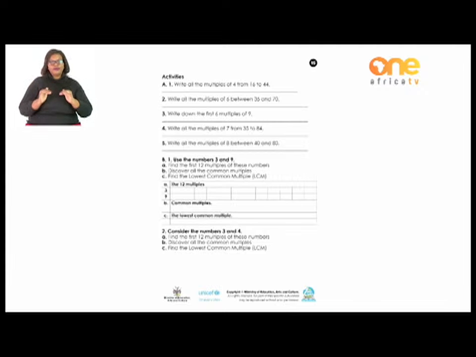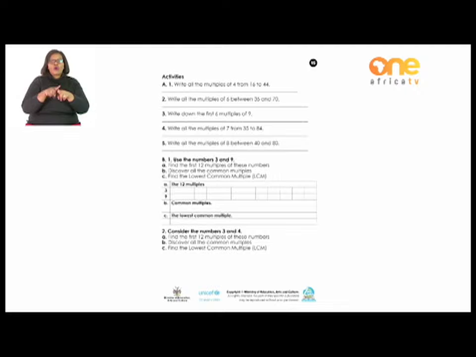In B, now you have to find the LCM. Because you have to use the numbers 3 and 9, first of all, you have to find the first 12 multiples of these numbers. Secondly, you have to discover all the common multiples. And then in C, you have to find the lowest common multiple.